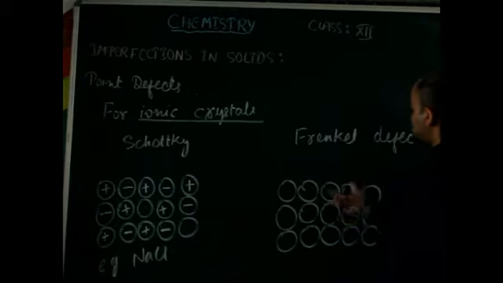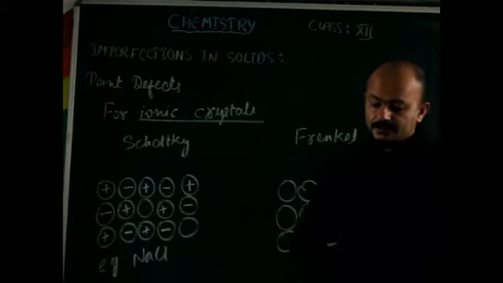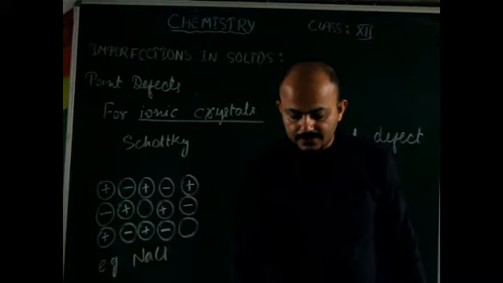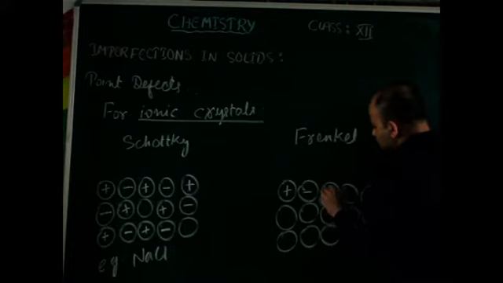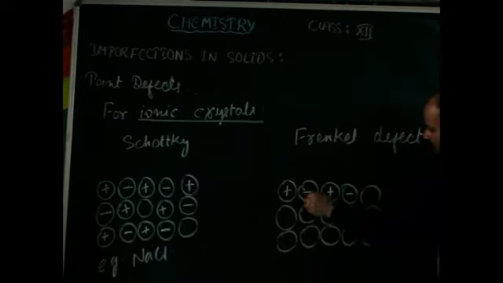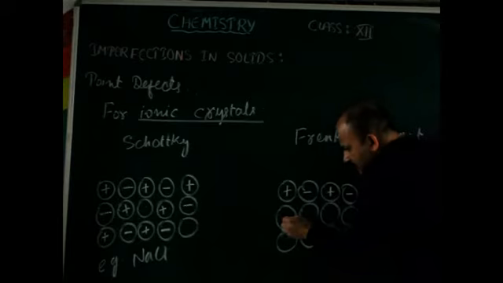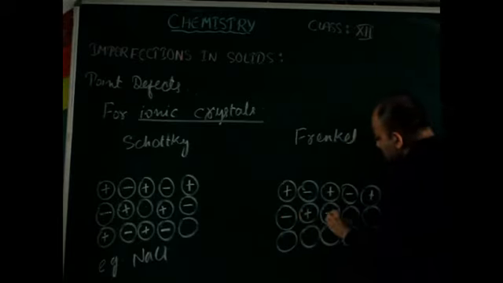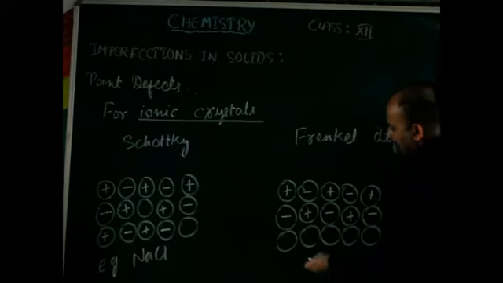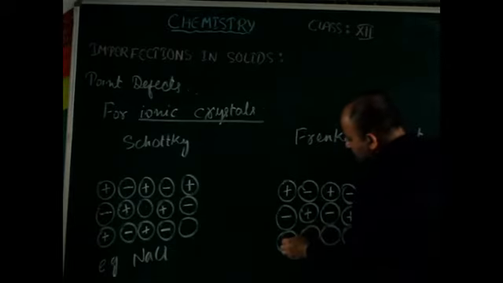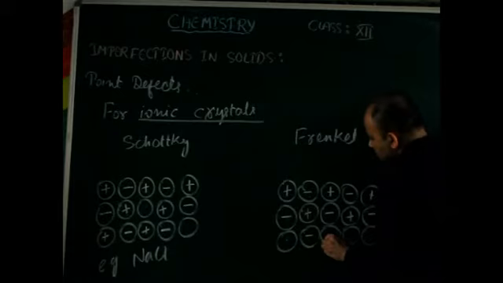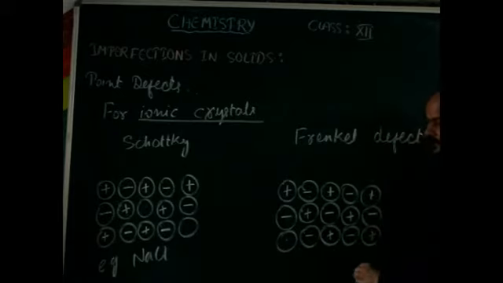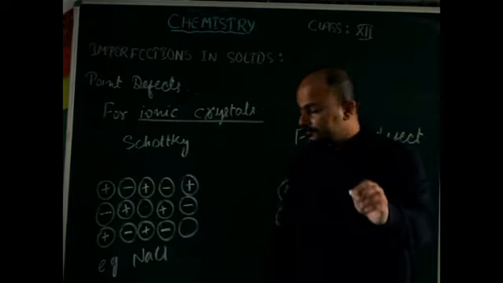Now what happens in case of Frenkel defect? Here, these sites are supposed to be occupied by positive and negative ions. Positive, negative, positive, negative, positive, and it has to be negative, positive, negative, positive, negative, and now this is supposed to be occupied by what? Positive charge. So this position is not occupied by the positive charge. Negative, positive, negative, positive. Now, what can you see?